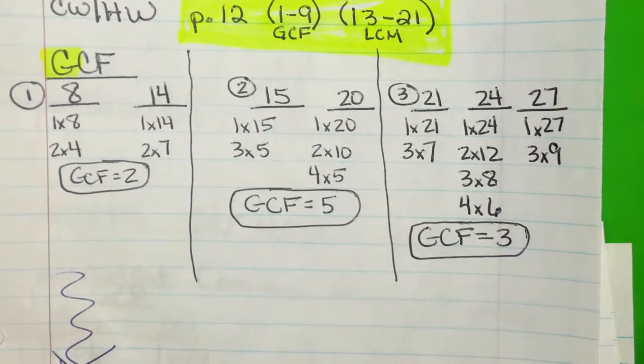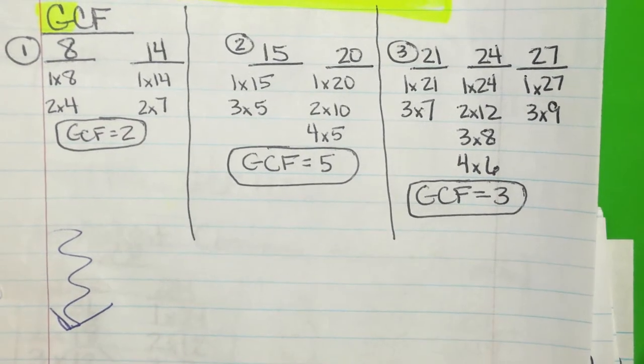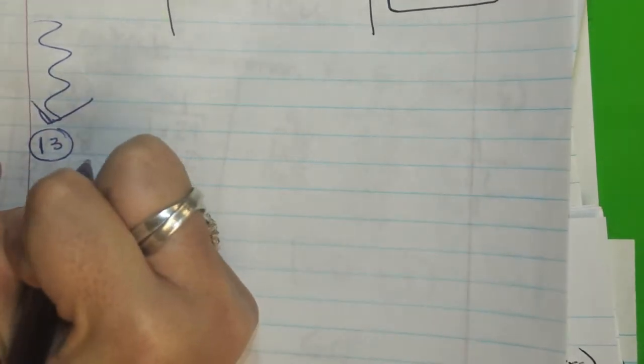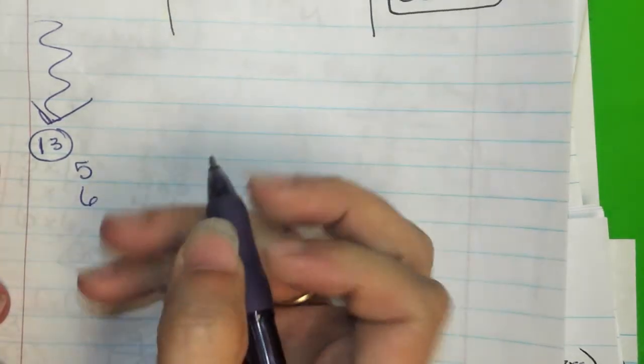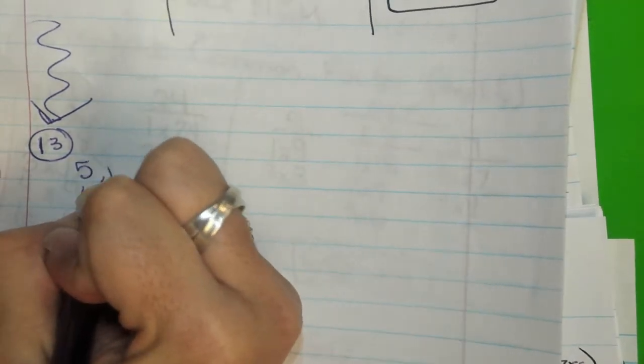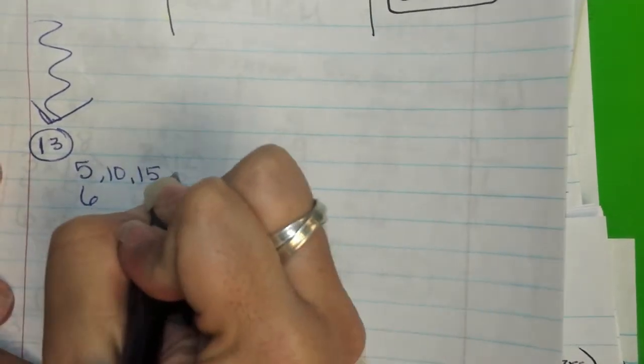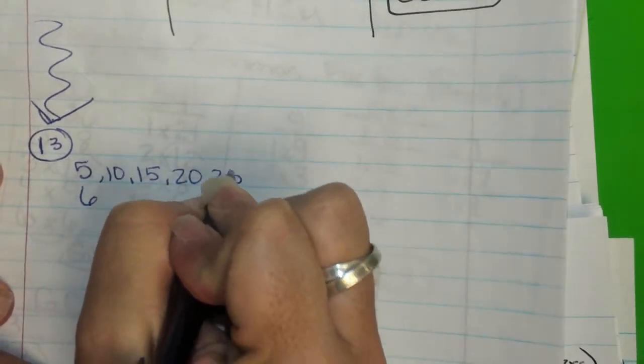And real quick, if you want to check your work, if you were doing number 13, if I skip counted by 5s and 6s, I would end up with 30.